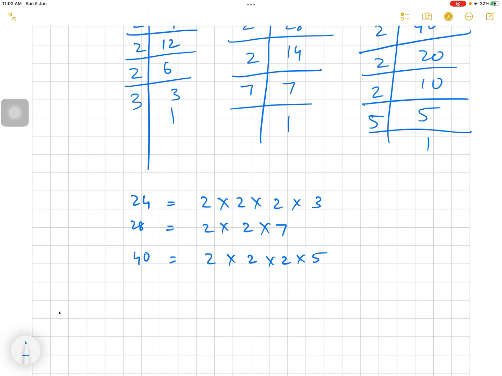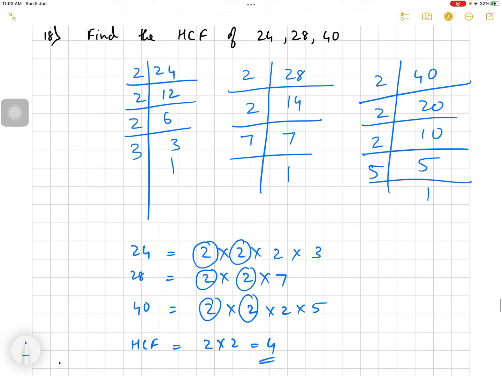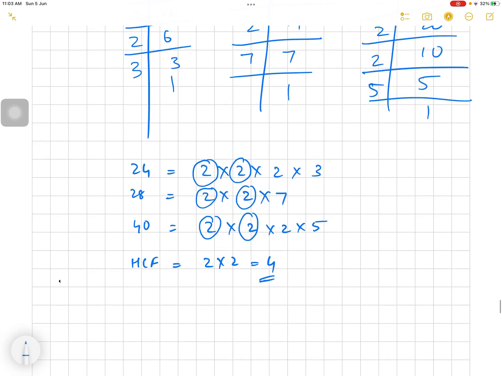What is common in all the three? 2 2 is common. That's it, right? So my HCF is going to be 2 into 2, which is 4. Correct? So my HCF of 24, 28 and 40 is 4.